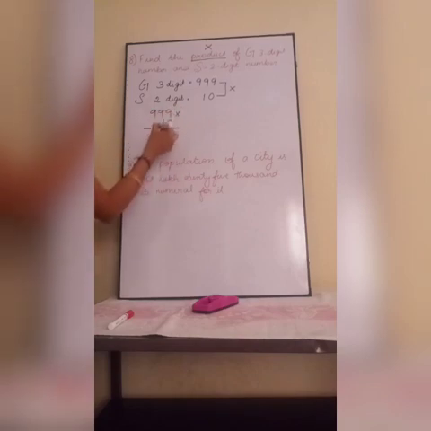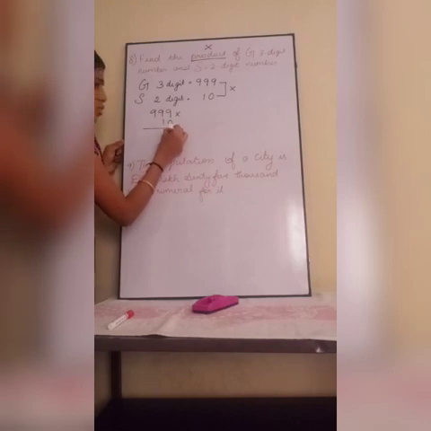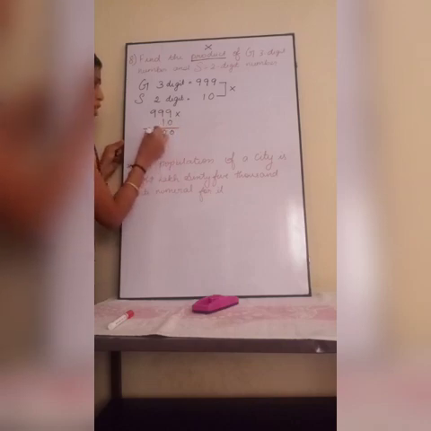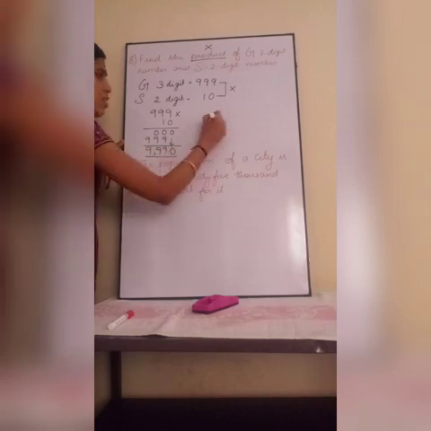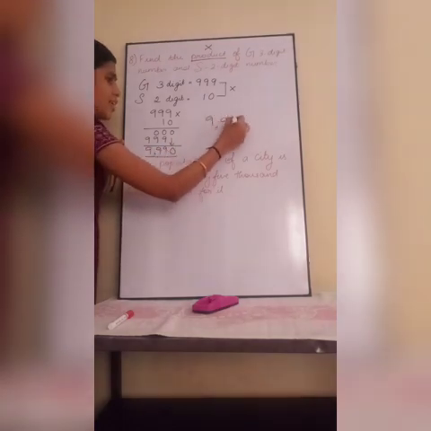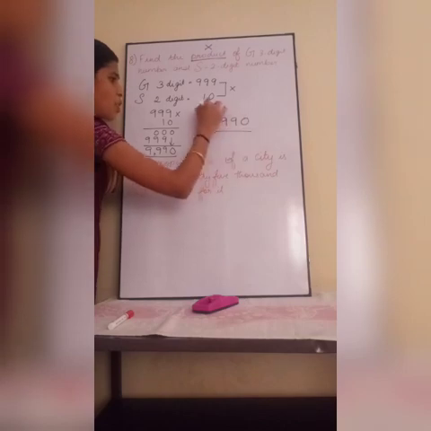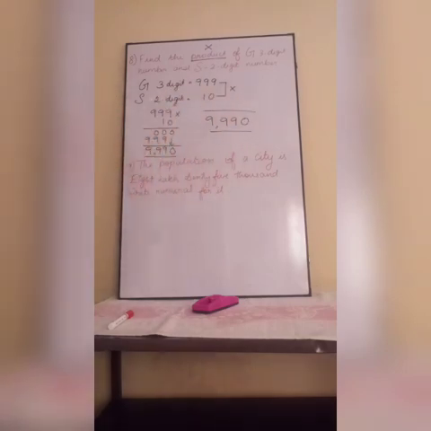First we multiply 9 into 0, which is 0, and 9 into 1, which is 9. So the answer is 9990. That is your product value for 999 and 10. Understood? Did you get this question clear?